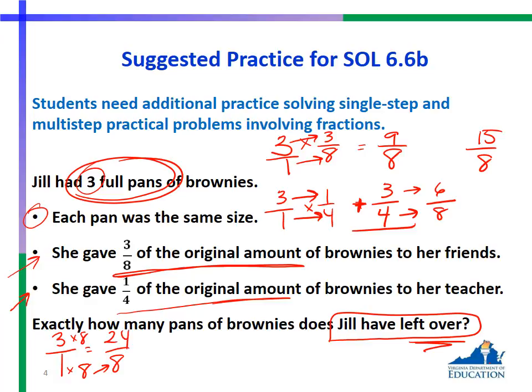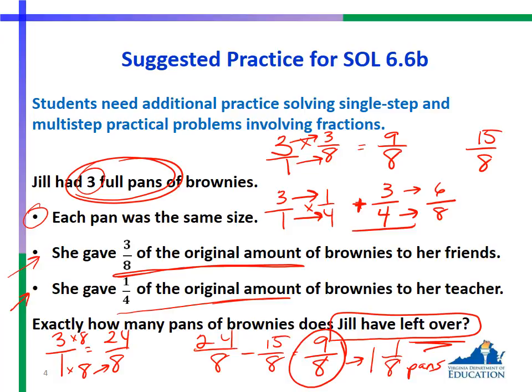If we work with the improper fractions, we won't have to worry about borrowing from the whole when we subtract. So if we have 24/8 minus 15/8, when we subtract these, she's left with 9/8 or 1 1/8 pans of brownies.